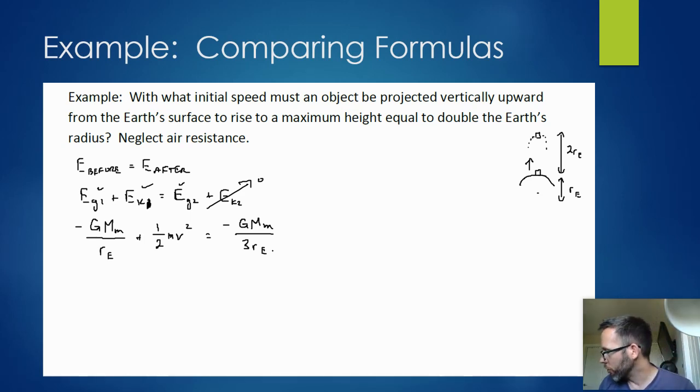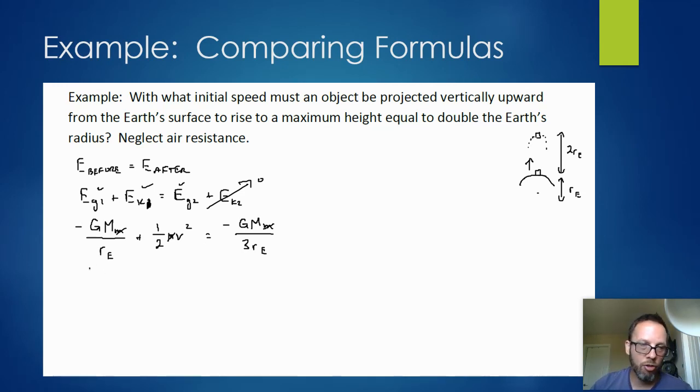And I'll do maybe a bit of an extra step here before rearranging everything. So one, notice the little m's all divide out. We're used to that in a lot of conservation of energy problems that don't involve springs. And this negative GM over RE is actually a like term with negative GM over 3 RE.